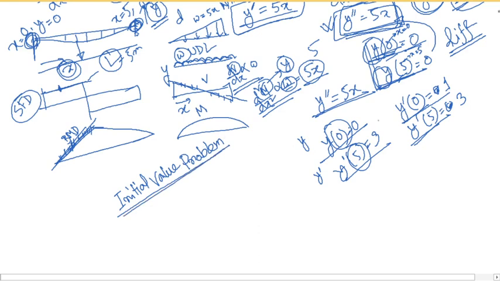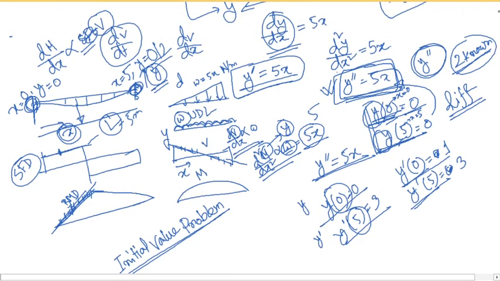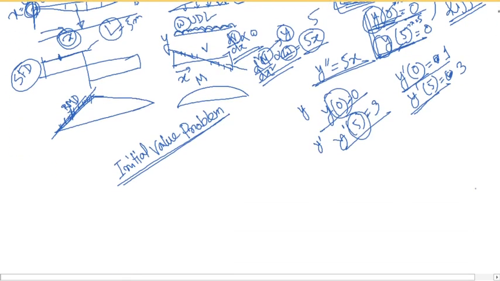The initial value problem, we say, is in cases where we know this is a differential equation, an ODE, y double prime equals 5x, and we know that we need at least two known values. So for that beam, we will be using any points, and usually we use an initial value problem.